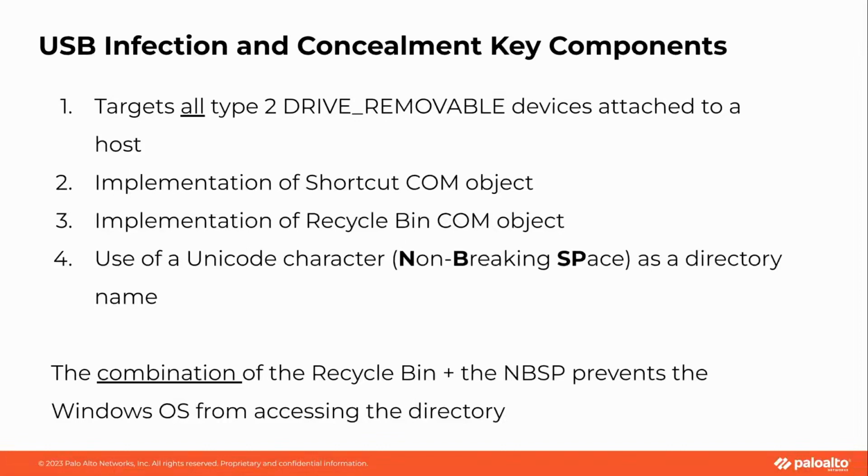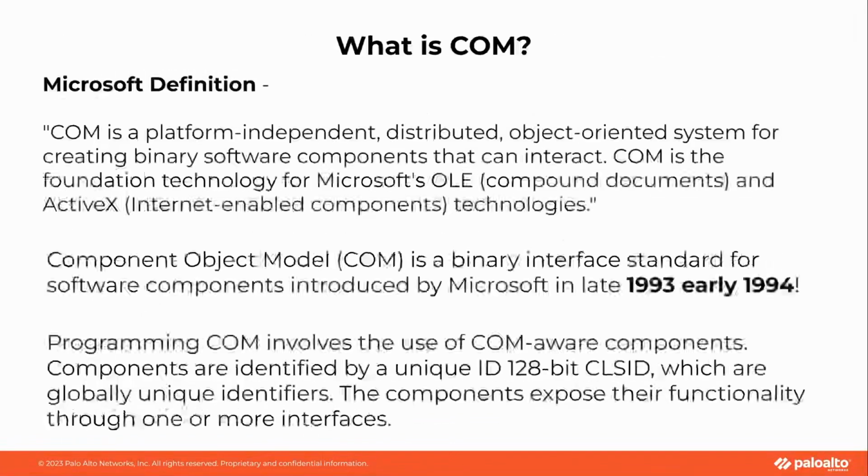But the combination of the NBSP plus the recycler bin folder prevents the Windows OS, even Windows 11, from navigating into that directory. So you as a user could not change into this directory either via the command console or File Explorer, even with today's Windows 11.